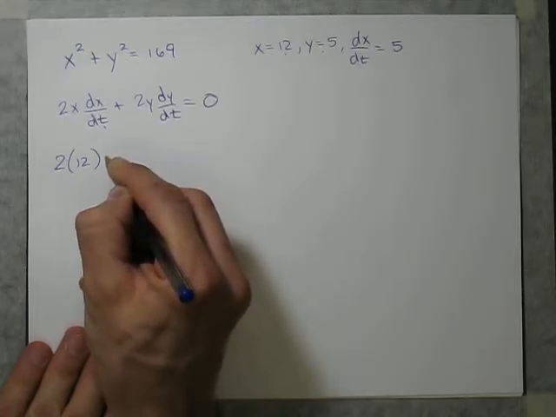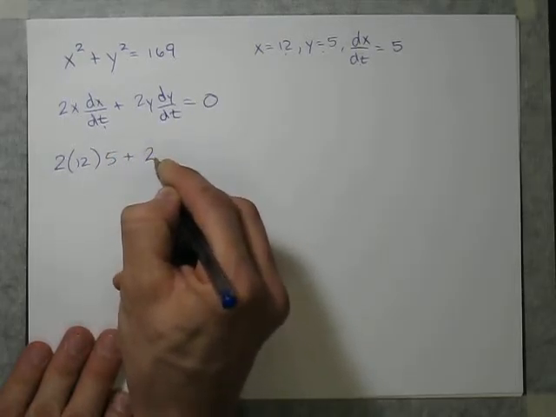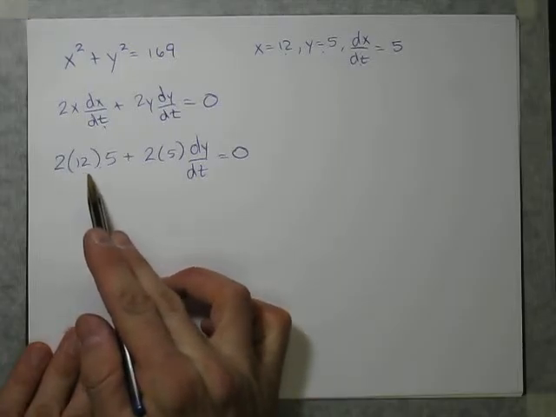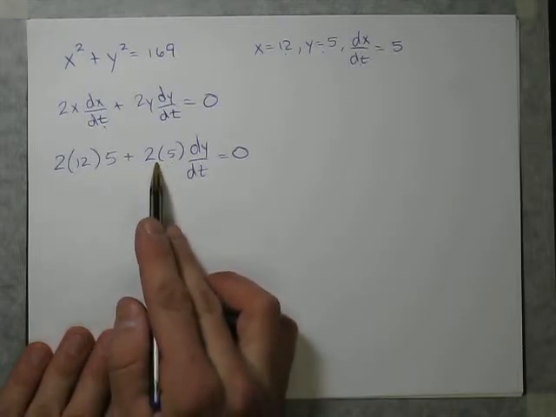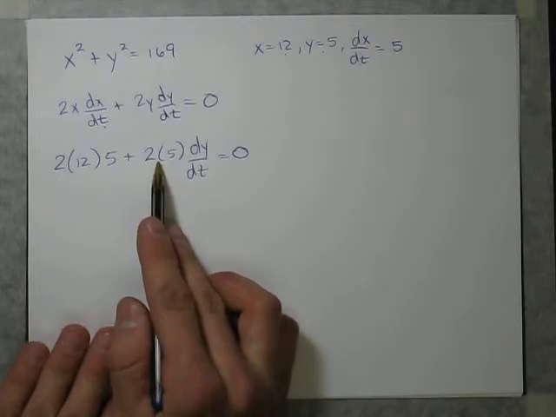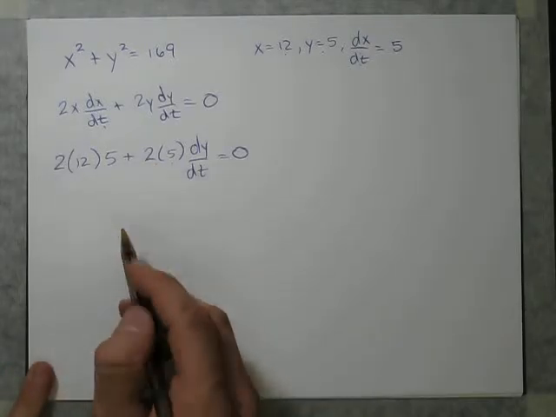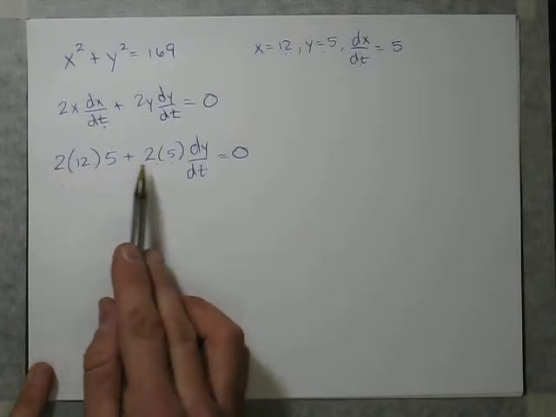So 2 times 12 times 5, plus 2 times 5 times dy/dt, because I don't know my change in y. The 5 and 2 are just going to be constants, actually. You could divide both sides by 10, because 2 times 5 is 10.